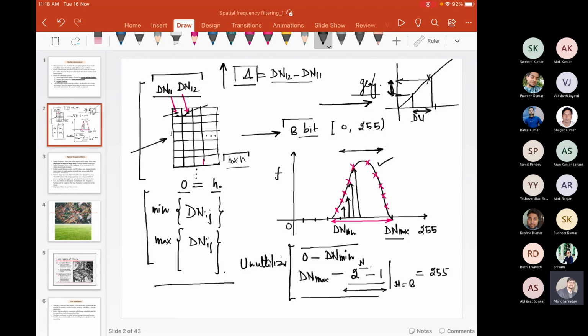What we do here is apply a mathematical equation, we stretch this.